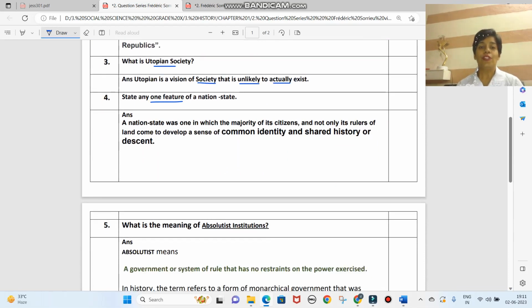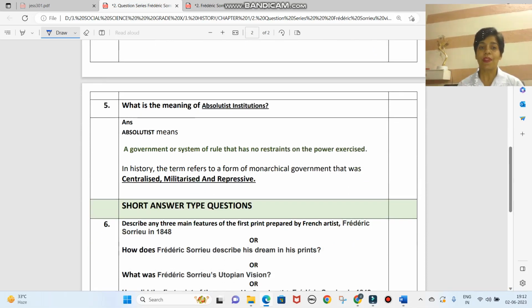One feature of the nation state: citizens as well as rulers come together to develop a sense of common identity and shared history. The meaning of the term absolutist institutions: a kind of government or system of rule that has no restraints on the power it exercises. There was no limit on them while exercising their powers.